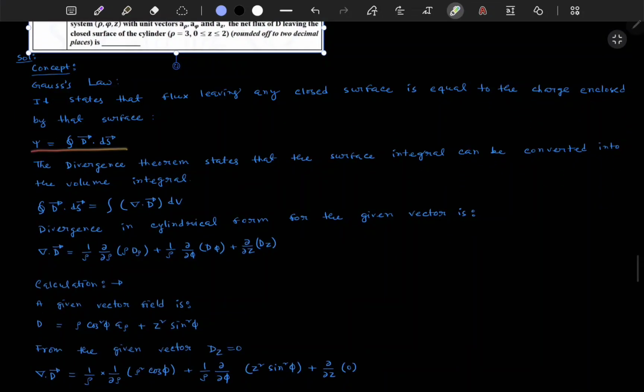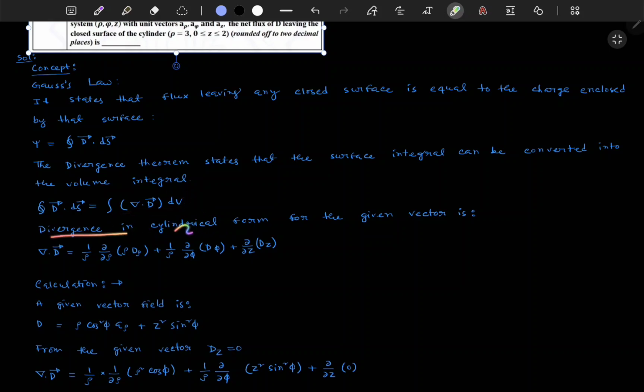Phi equal to the closed integral of D vector dot dS vector. The divergence theorem states that the surface integral can be converted into a volume integral, so the closed integral of D dot dS equals the integral of del dot D dv.